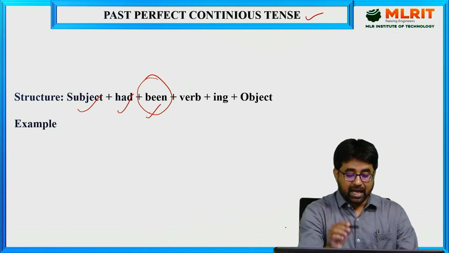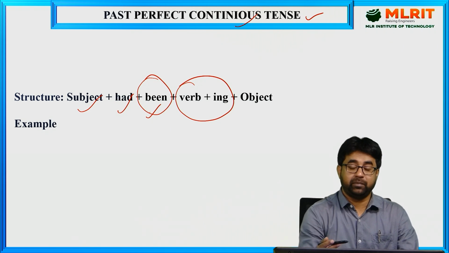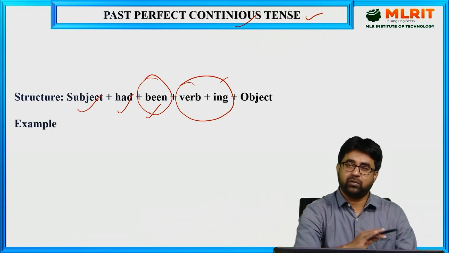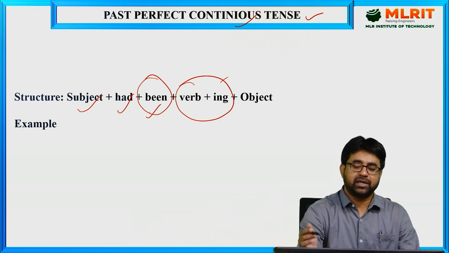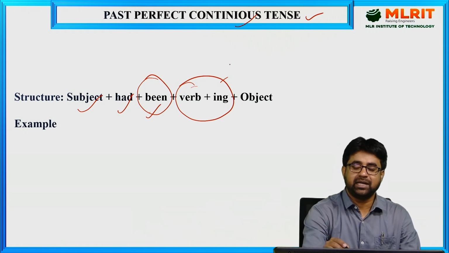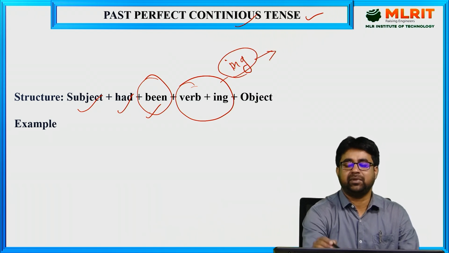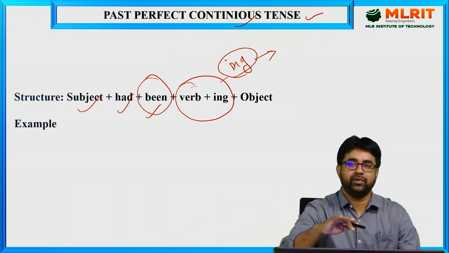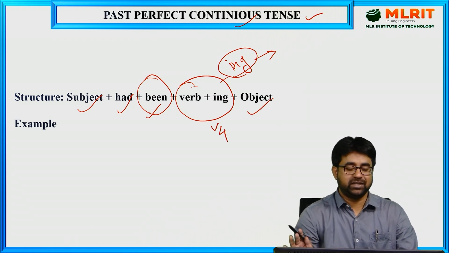And then because it's a continuous tense, as I told in the previous slides, in all continuous tenses, present continuous, past continuous, future continuous, you would always be using the ing form of the verb, right? So ing means something continuing. Please remember, something which is going on. So V4 and then object. So this is the structure.